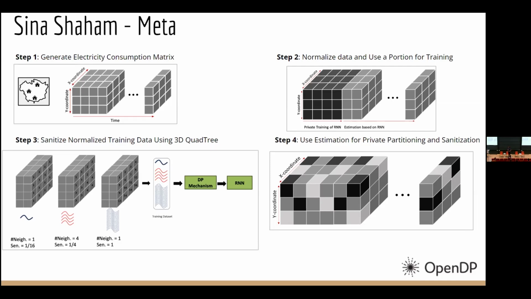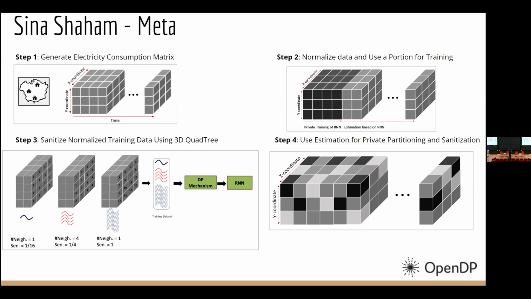So here is the algorithm. We start by generating this matrix called the household electricity consumption matrix. It's a three-dimensional matrix. We overlay a grid on top of the map, and on the third dimension, we have the time axis. Each cell in this matrix represents the amount of consumption in that particular area at that particular time.